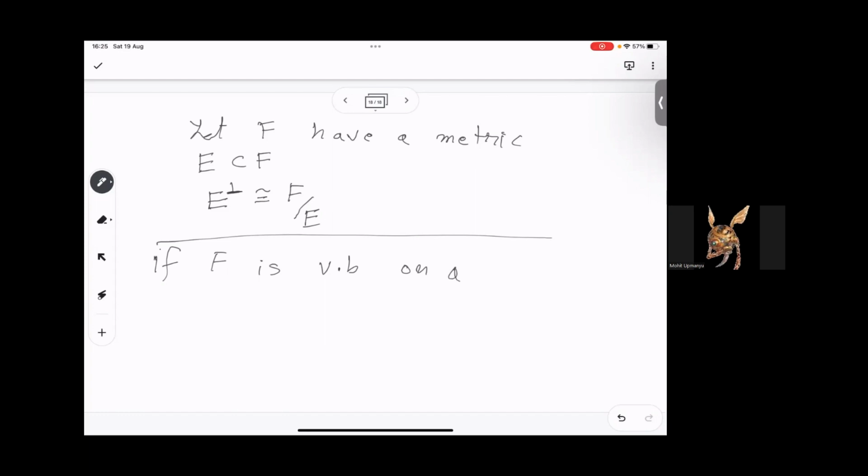So if F is a vector bundle on X, and here I'm going to assume for simplicity X is compact Hausdorff and of course connected, then F has a metric.